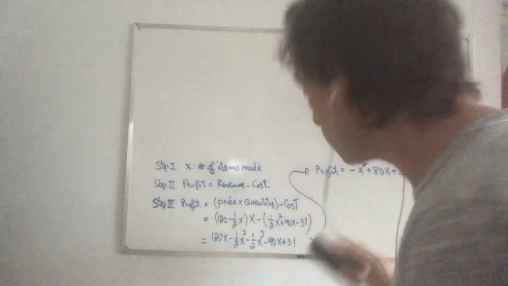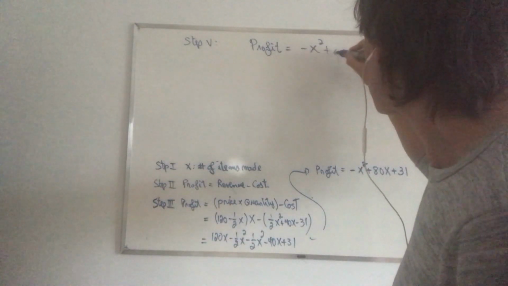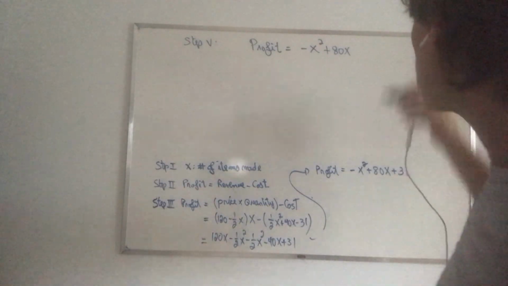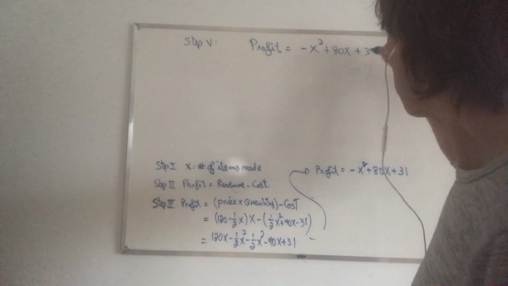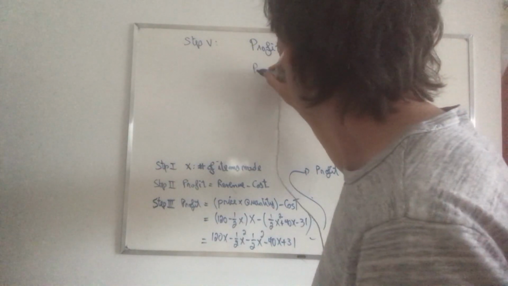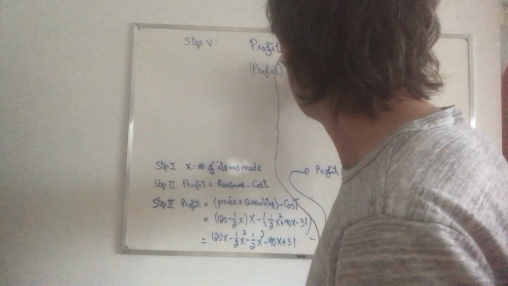So step 5, my profit function is equal to minus x squared plus 80x plus 31. Good. So profit prime, we shall derive and find the critical number.